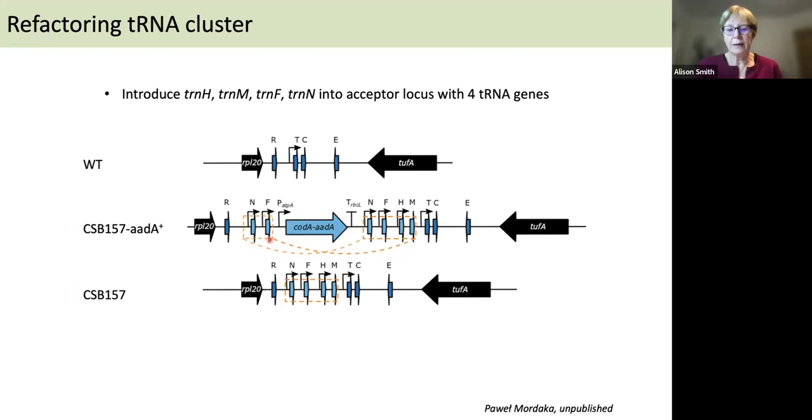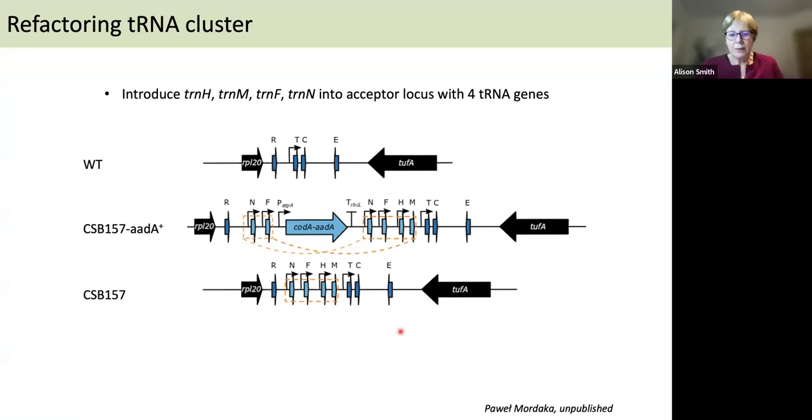And we also duplicated N and F genes upstream of the selectable marker, which should then facilitate loop outs. So this region here is homologous to this region here. And by looping that out, we would remove the selectable marker. And this was successful.